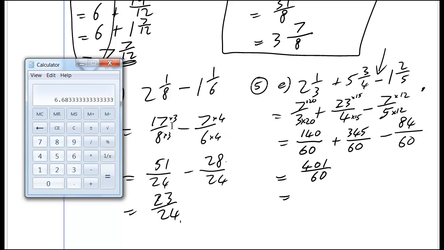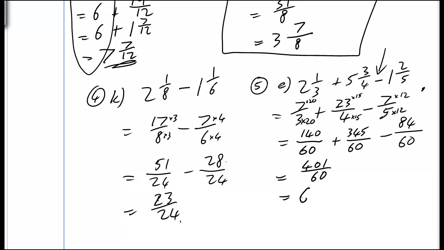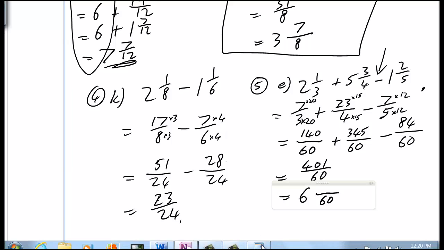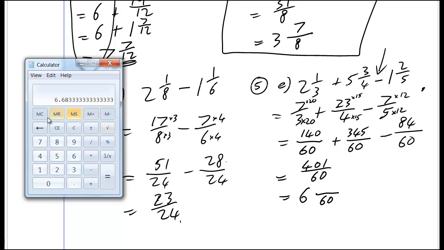It'll go 6 times. So it'll be 6 and something over 60. So let's work out what that something is. We're going 6 times, so let's clear that. 6 lots of 60 is 360.